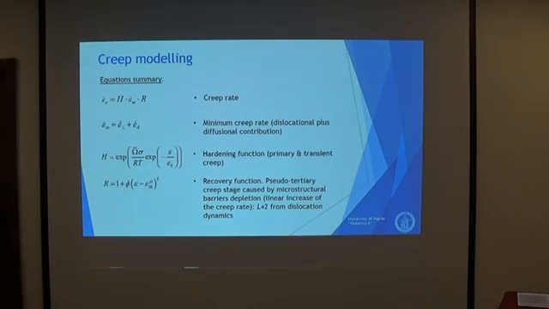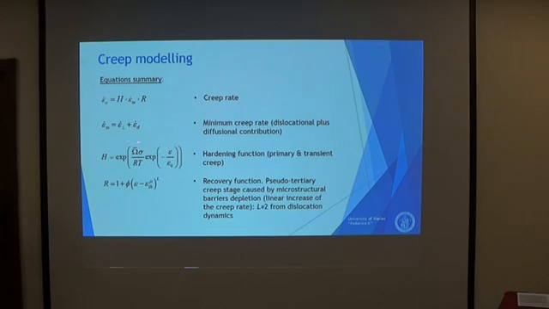Here are summarized the equations I used. We have the actual creep rate obtained starting from the minimum creep rate, multiplied by a hardening function and a recovery function. It's important that the minimum creep rate is given as a sum of two contributions.